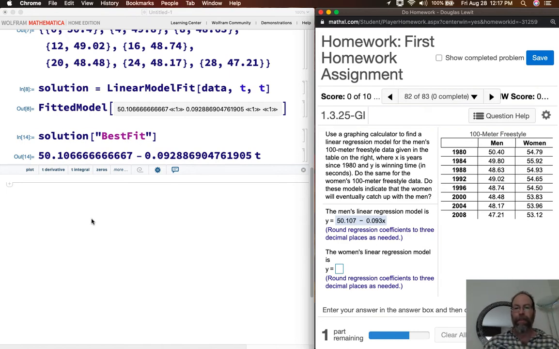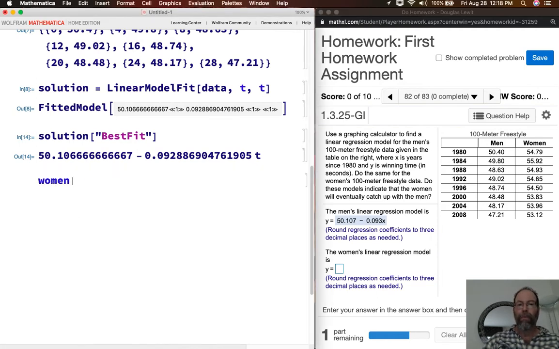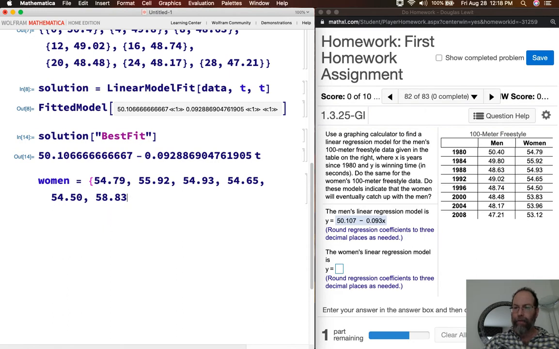Women equals, okay, so the women's scores: 54.79, 55.92, 54.93, 54.65, 54.50, okay, one second, let me make sure I have these numbers correct.